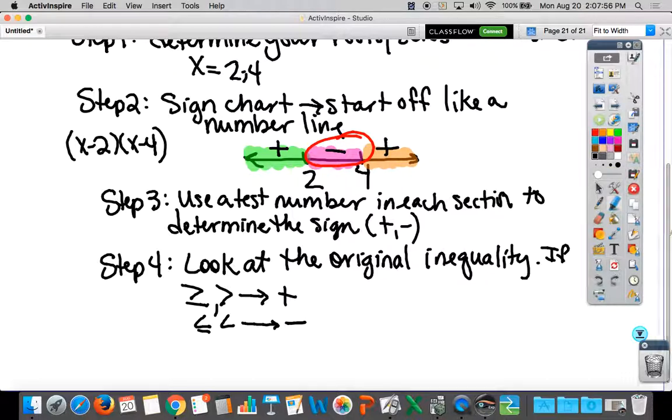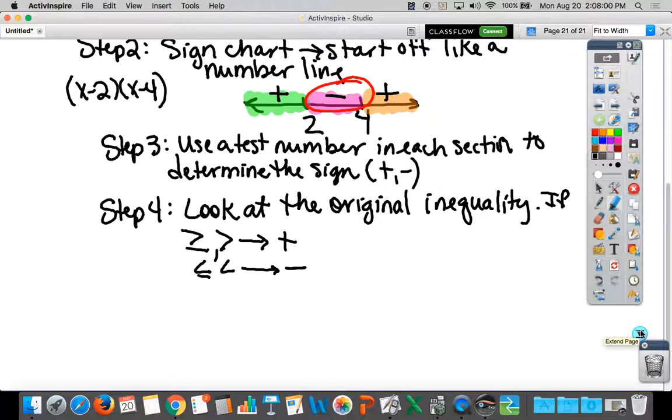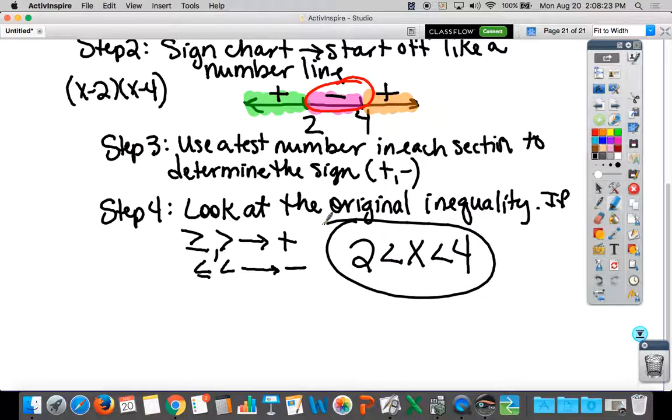Now here's how we write it if it's between. Do you see that my negative is between 2 and 4? It was a less than. Less than means and. Ands go together or go apart? Together. So it's going to be 2 is less than x is less than 4. That is your answer.